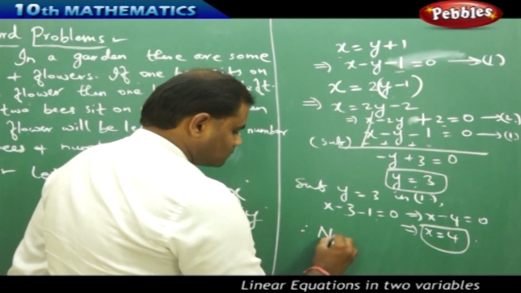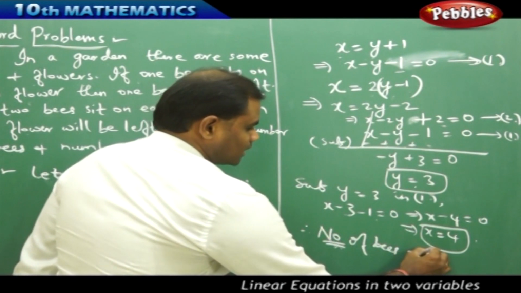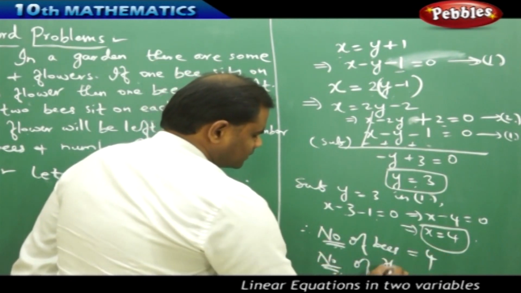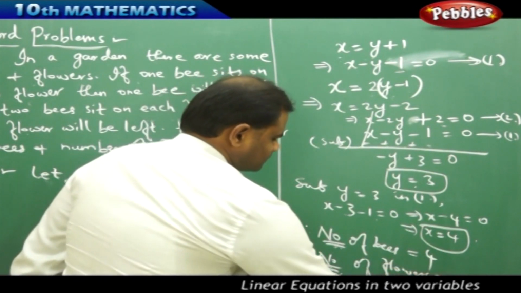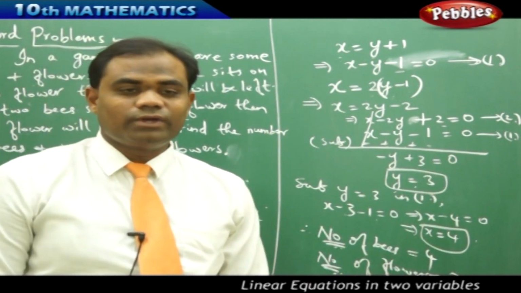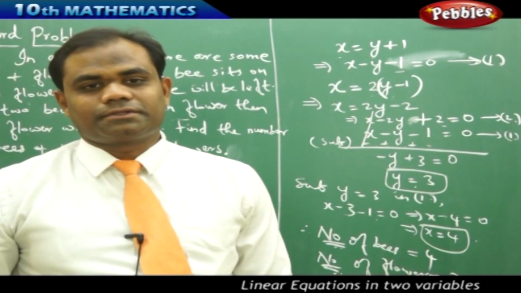Therefore, the number of bees in the garden is 4 and the number of flowers in the garden is 3, which solves the given problem. This is how we understand linear equations in real life situations.